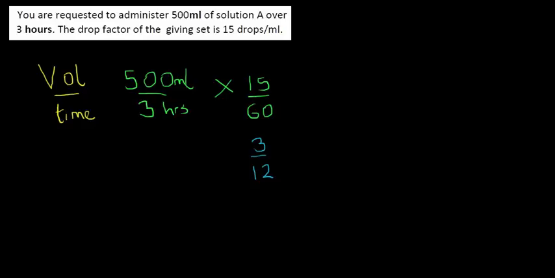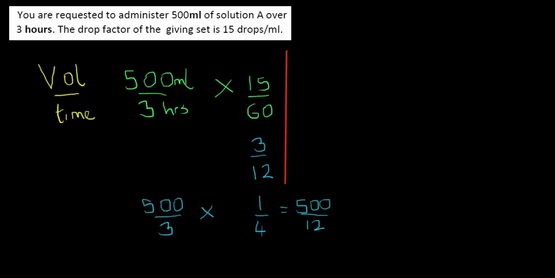And then we might realise we can simplify again because 3 goes into top and bottom, so that comes right down to 1 over 4. So our question, 500 over 3 times 15 over 60, has been simplified to 500 over 3 times 1 over 4. Well, that's okay. 500 times 1 is 500 and 3 times 4 is 12.